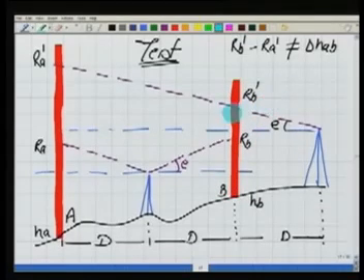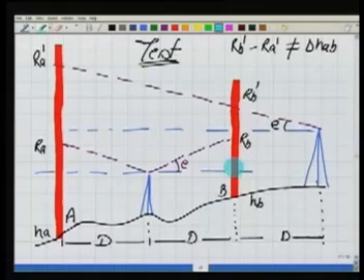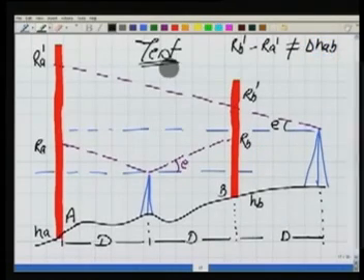Having done this, if at this stage I find RB dash minus RA dash, as we did before, we found that the difference in elevation was RB minus RA. Here also, if I do the same thing, RB dash minus RA dash, I will find that this is not equal to delta HAB, which is obvious from the geometry here. We have seen this before. So if this is not equal, this is a test.